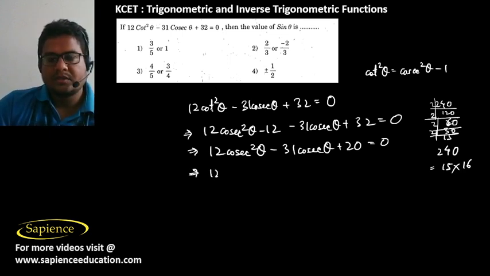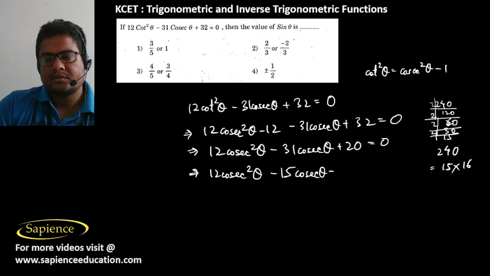So therefore we can write this as 12 cosec square theta minus 15 cosec theta minus 16 cosec theta plus 20 equal to 0.